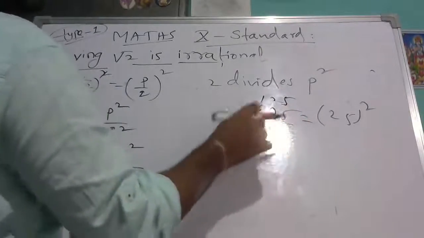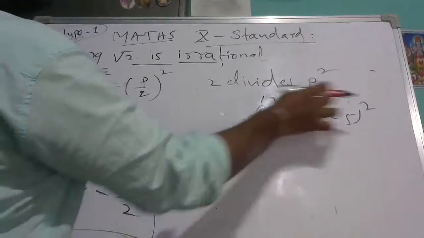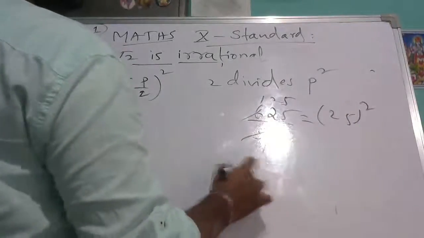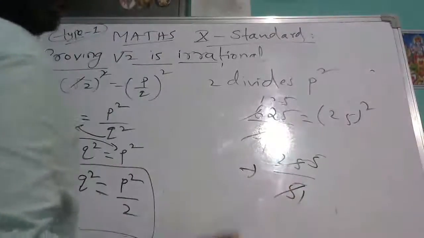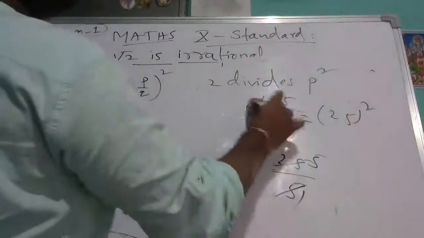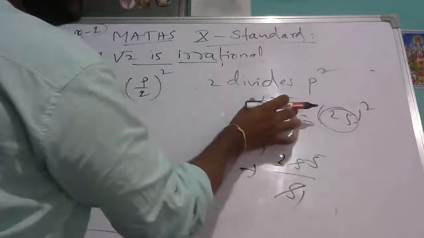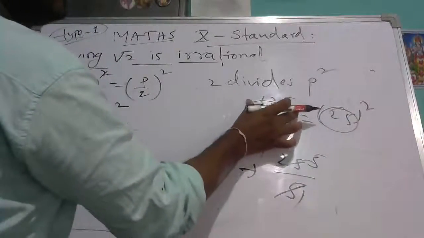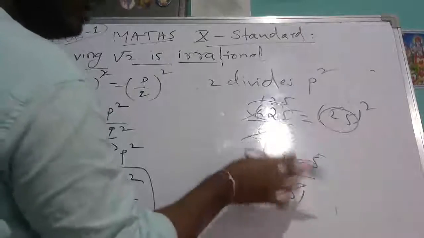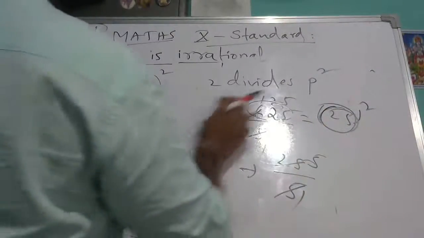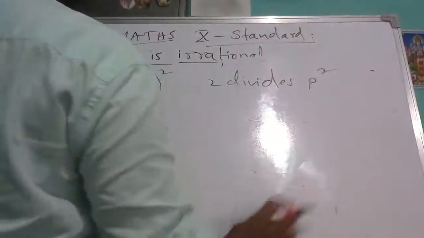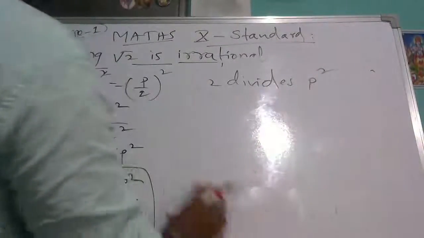So 5 is dividing 625, which is the square of 25. Is 25 divided by 5? 5 fives 25. So 625 is the square of 25, 5 divides 625, and 5 also divides 25. If a square number is divisible by another number, its root also is divisible by that number.